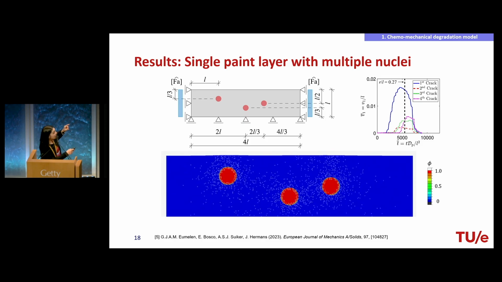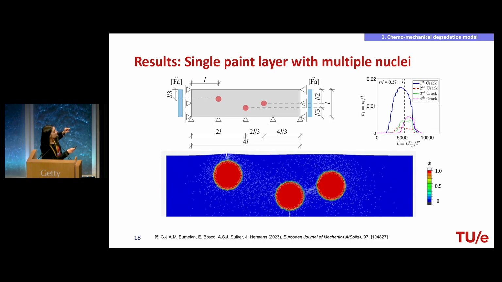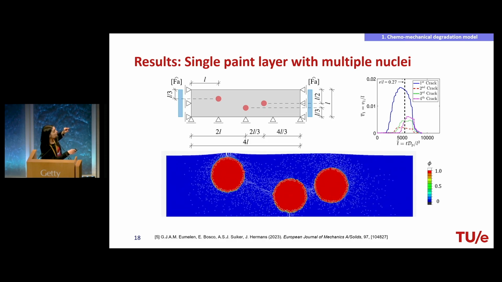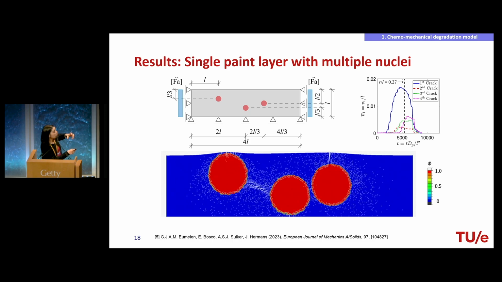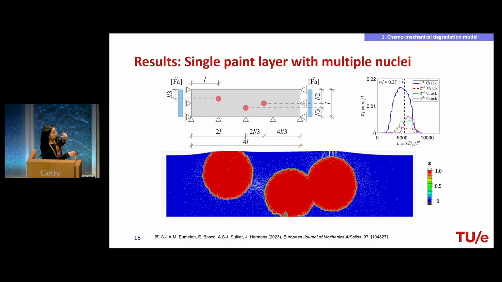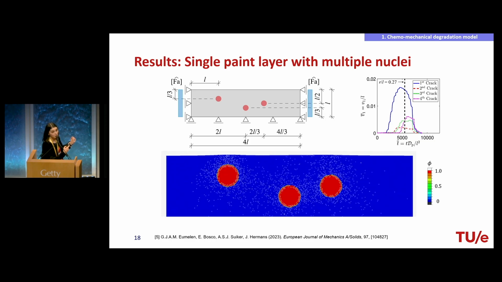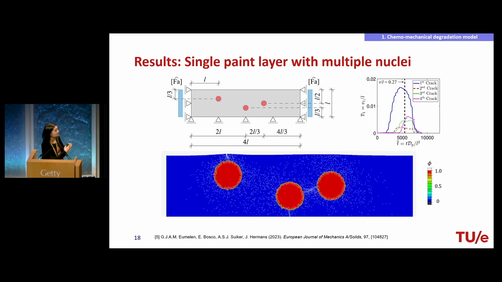A couple of things I want to emphasize: you see that some cracks develop in the material due to the expansion of these crystals. Some of these cracks also close up later on, because the expansion of the crystal is also associated with compressive stresses at a certain point.